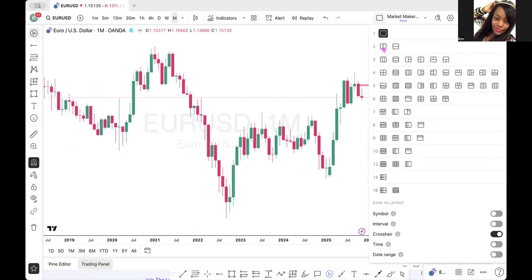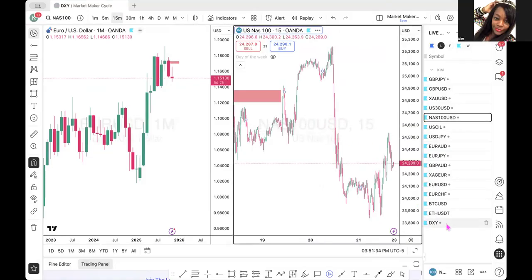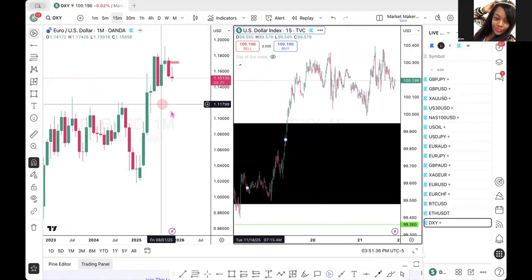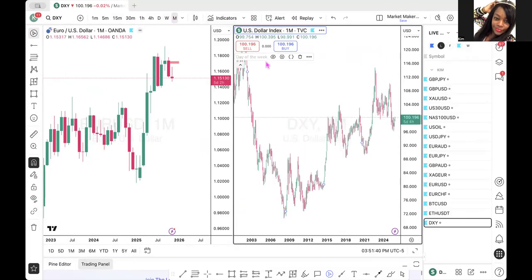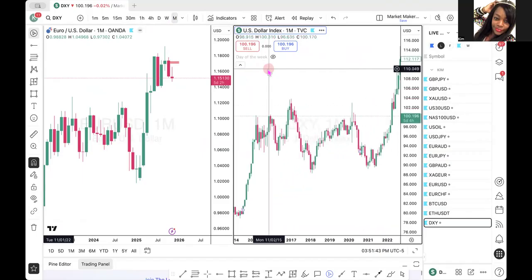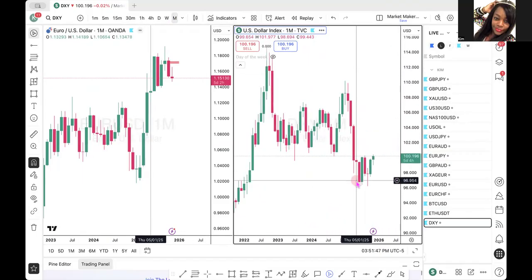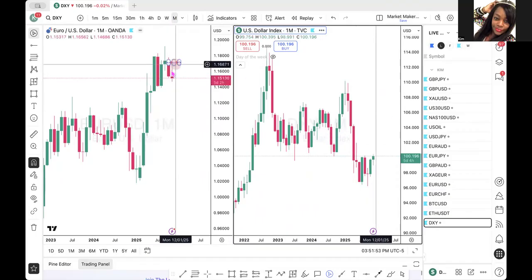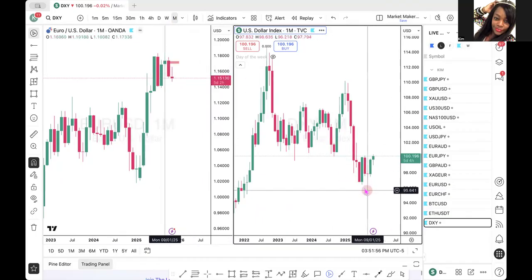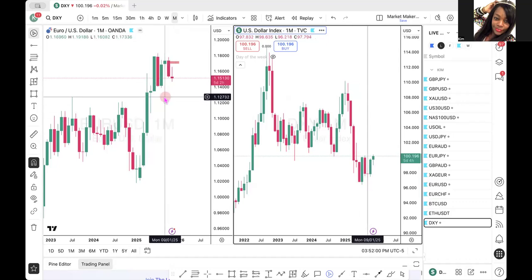So if I put these against each other and I go to the Dixie and I go to the monthly, you see how this was going down, so this was going up. You see how it consolidated here? It's doing the total opposite. This dollar is doing the total opposite of what the euro is doing.